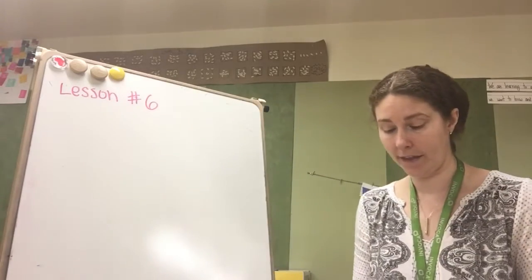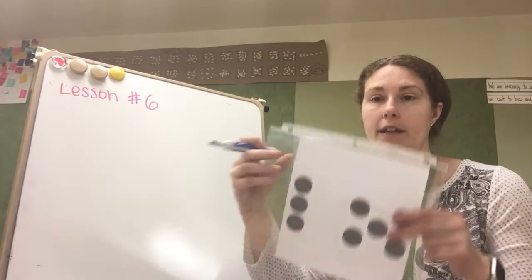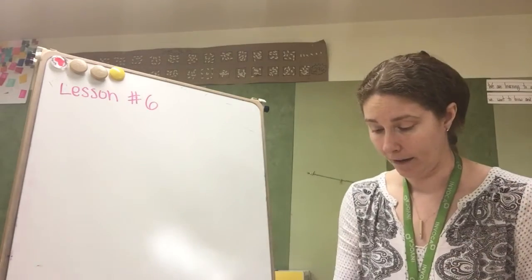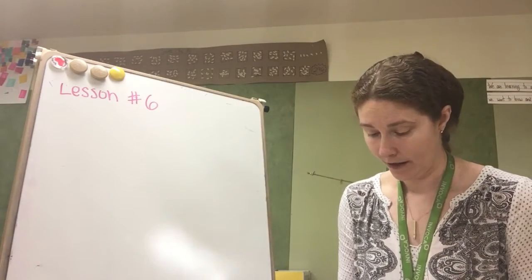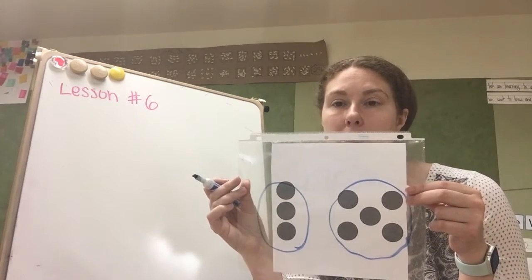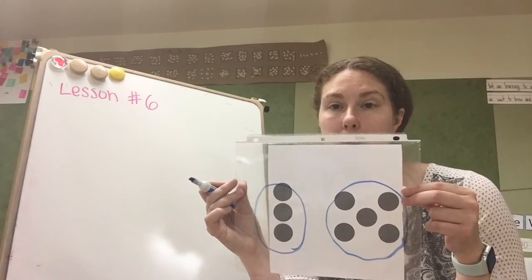Back and forth. And then the last one. This one's pretty clear too. It's got a big space dividing them. So we got 5 and 3. 5 and 3 equals 8, or 3 plus 5 equals 8.